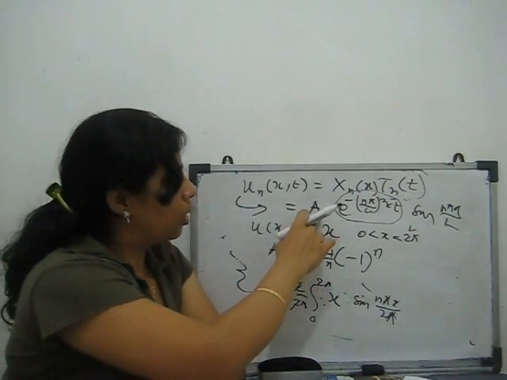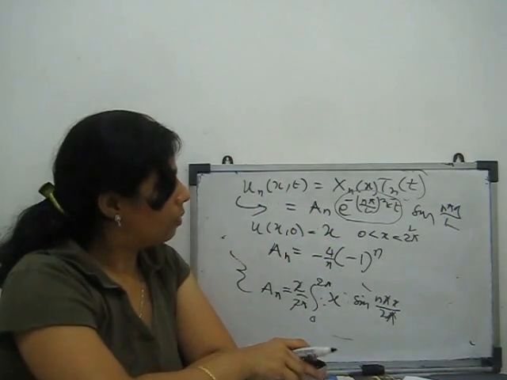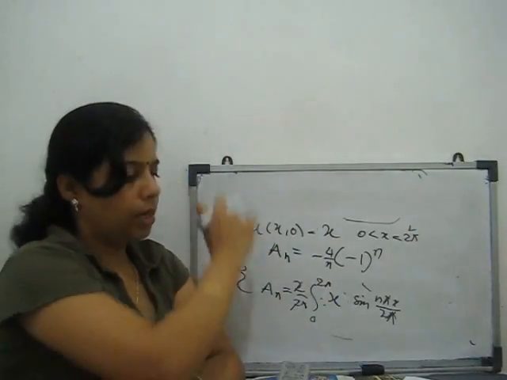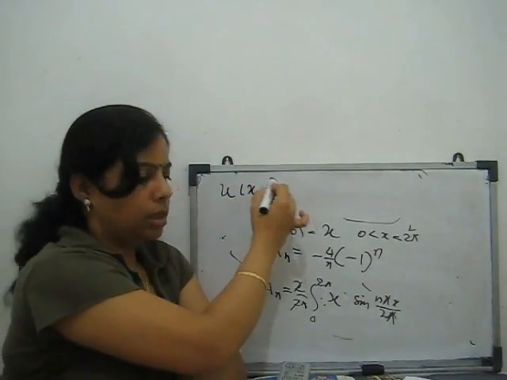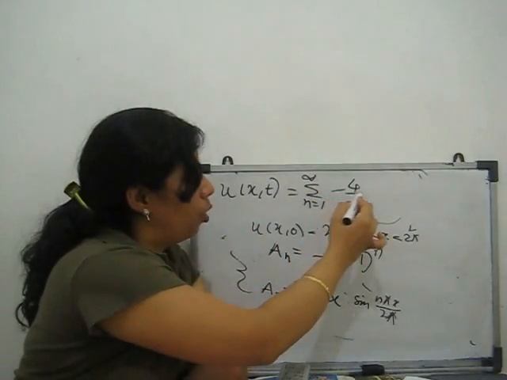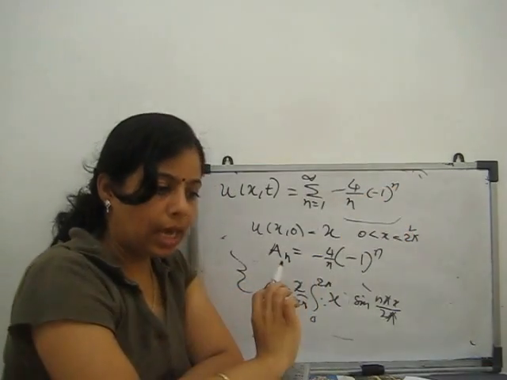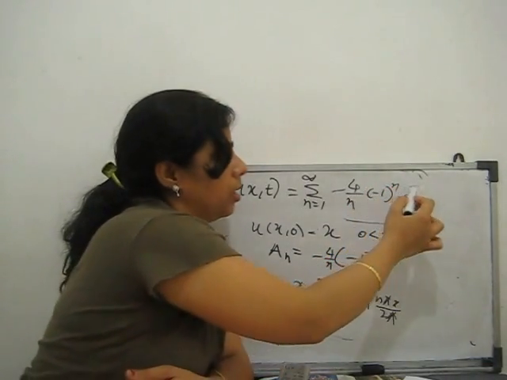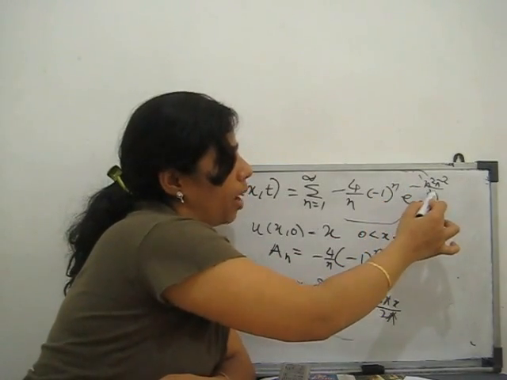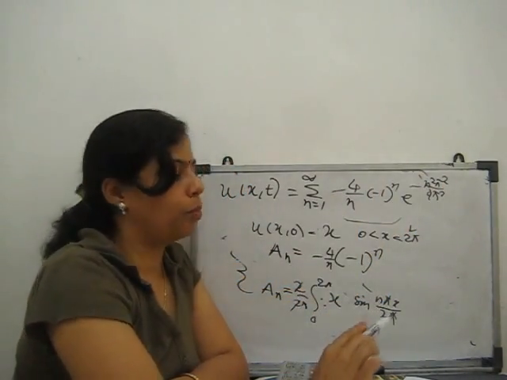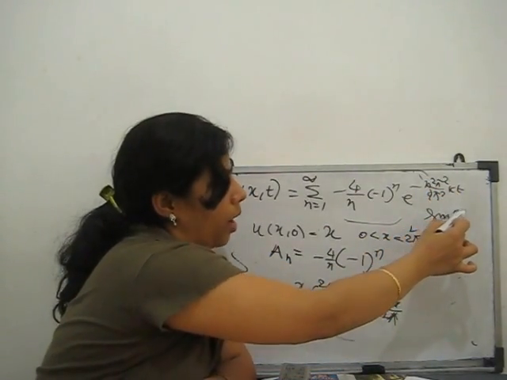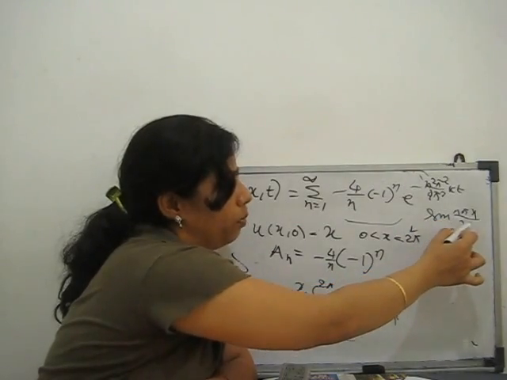Now we substitute this value of an here. So what is our Fourier series? The one dimension heat equation becomes, I can rewrite, u(x,t) equal to summation n going from 1 to infinity minus 4 by n, minus 1 to the power n, e to the power minus n square pi square upon L square, and L is 2 pi, so 2 pi whole square is 4 pi square, into kt into sine n pi x by L, with L as 2 pi.